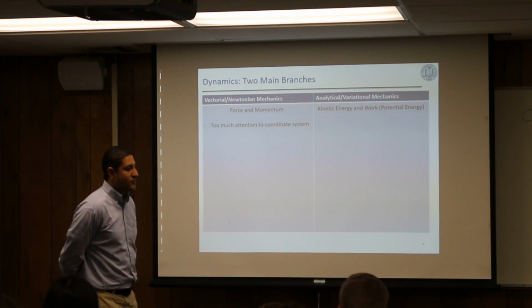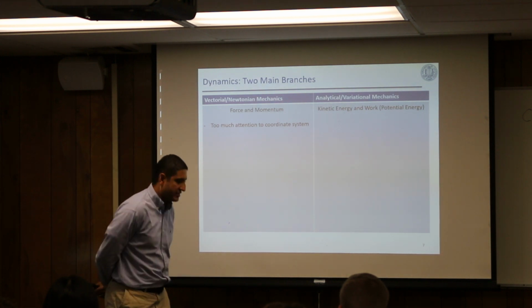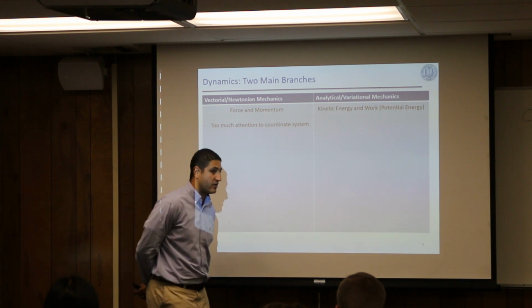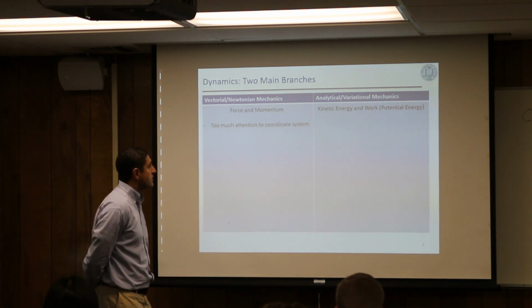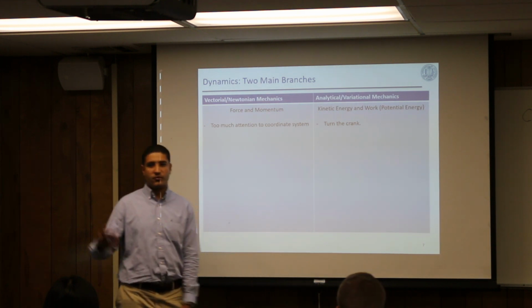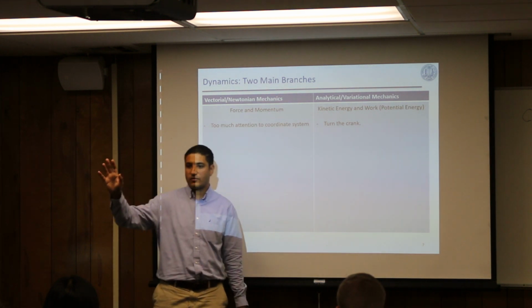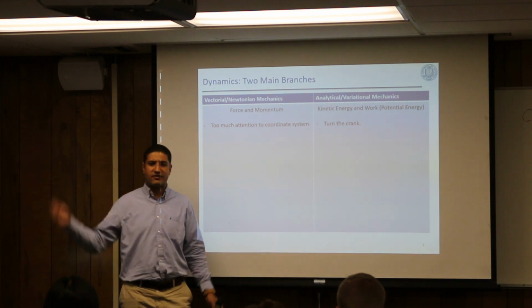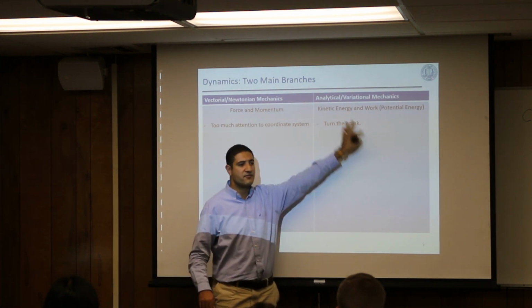Because a vector represented in an inertial frame and differentiated is completely different from a vector represented in another frame that you want to differentiate. Whereas here, actually we don't care. Formulate your problem the way you like, whether it's an inertial frame or non-inertial frame, we don't care. We're going to just turn the crank. Actually, this algorithm is very programmable.